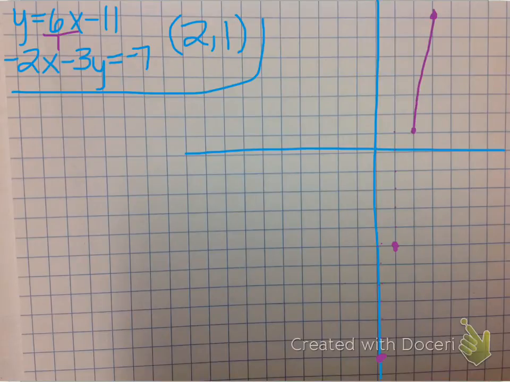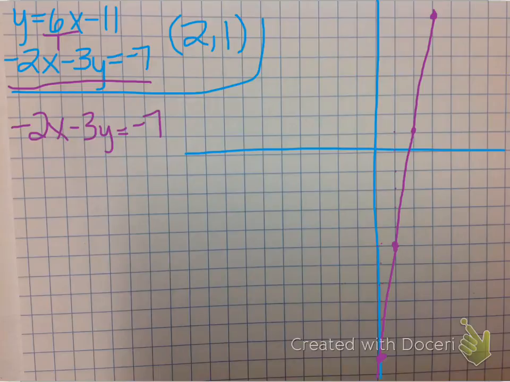So I have my line. Good thing is, so far it is crossing through 2, 1. Let's see if my other line crosses through there. Now if you look at this line right here, we cannot graph it that way because it's not in y-intercept form. So let's solve it real quick. We're going to move the 2x to the other side by adding.